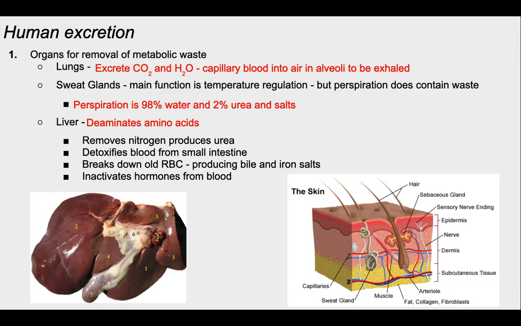Also, red blood cells get recycled by the liver, which produces bile and salts as well. The liver is also responsible for breaking down and deactivating hormones that have been produced in the blood. So the liver has a sort of multi-part function.